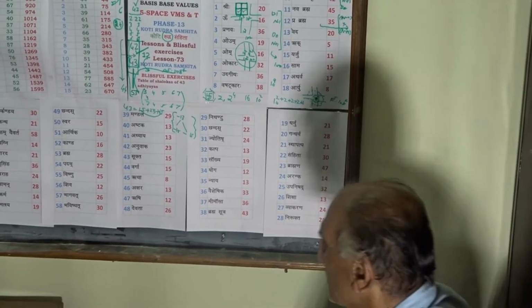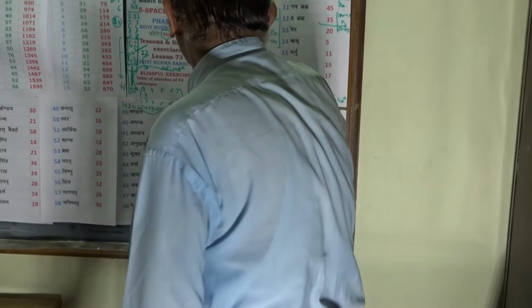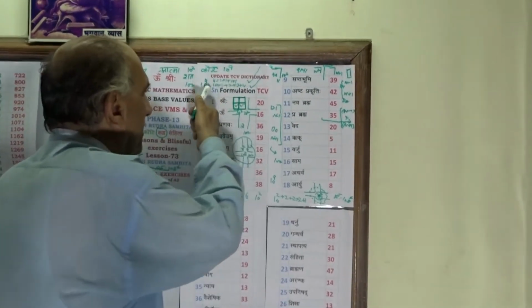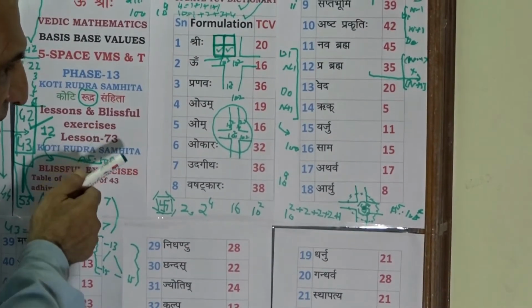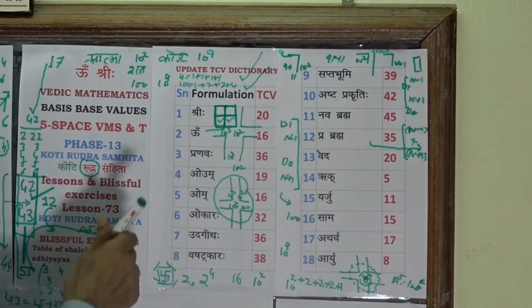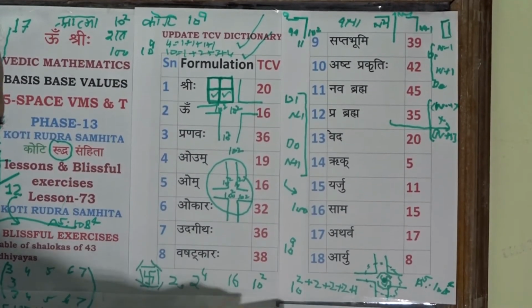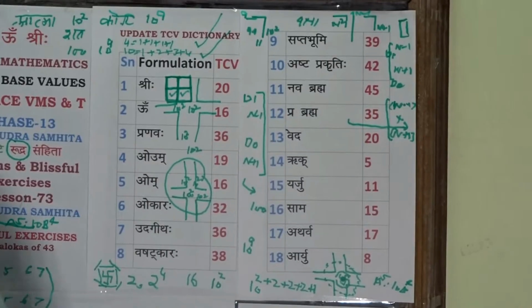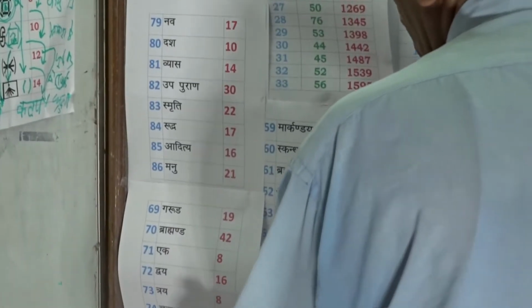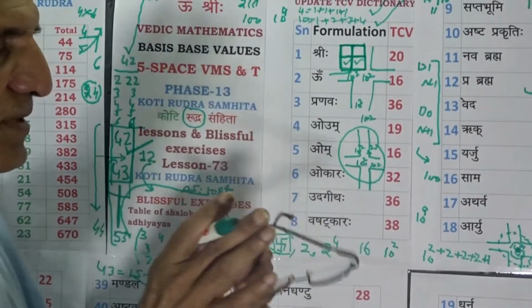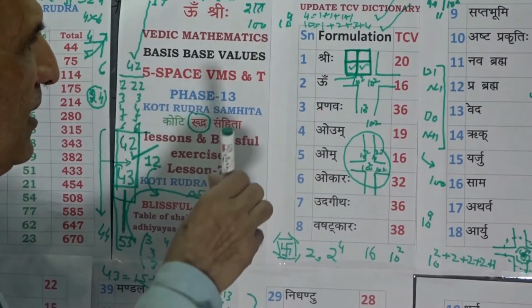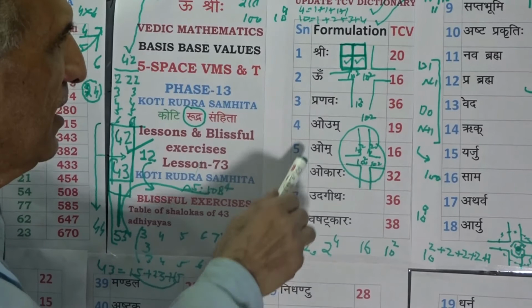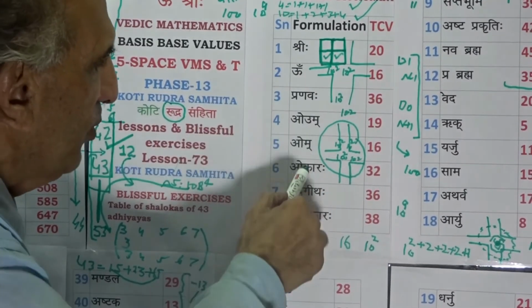Now this blissful exercise of updating the TCV dictionary is that let us initially take these formulations, these 78 formulations that have been tabulated here. So these tables be reproduced, and in column 1 is a serial number, but in column number 2 are the formulations.